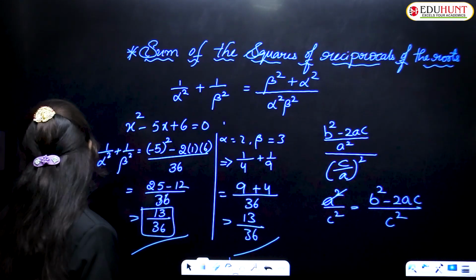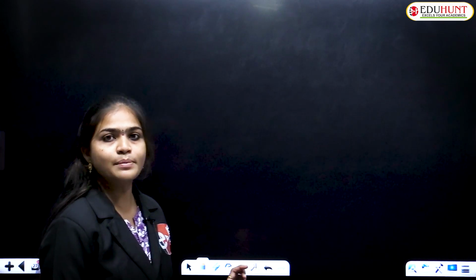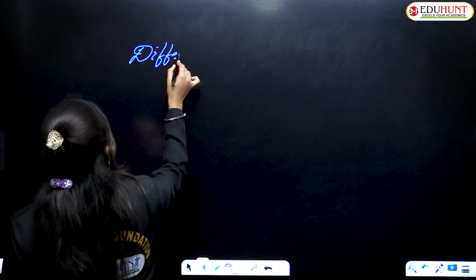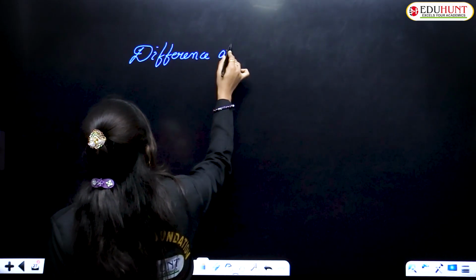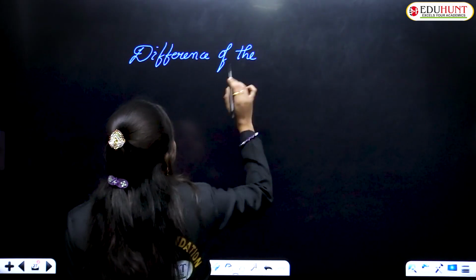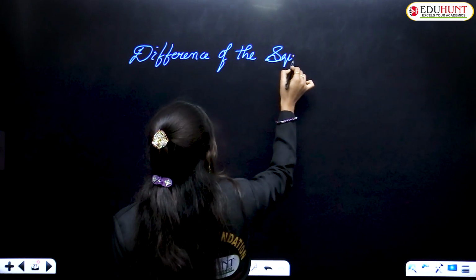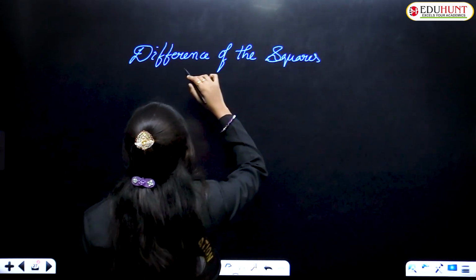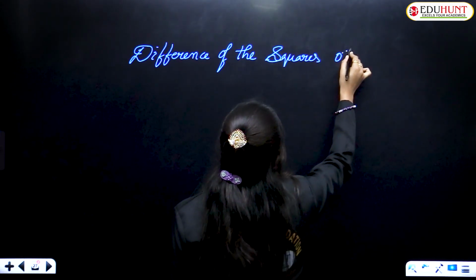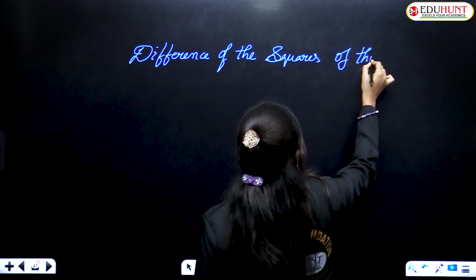Next, difference of the reciprocals. Before that, see here, the difference of the squares of the roots. We didn't find this one, no? So first we will see that. Difference of the squares of the roots.